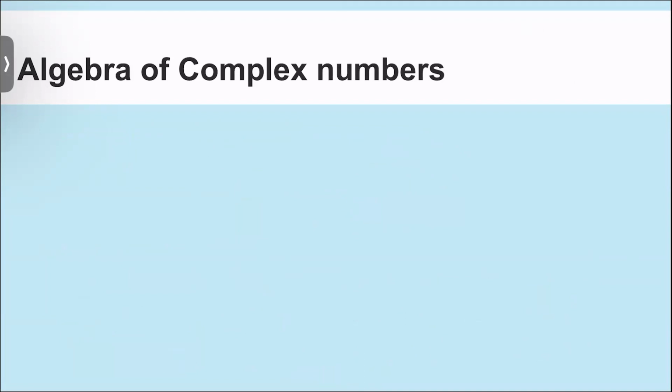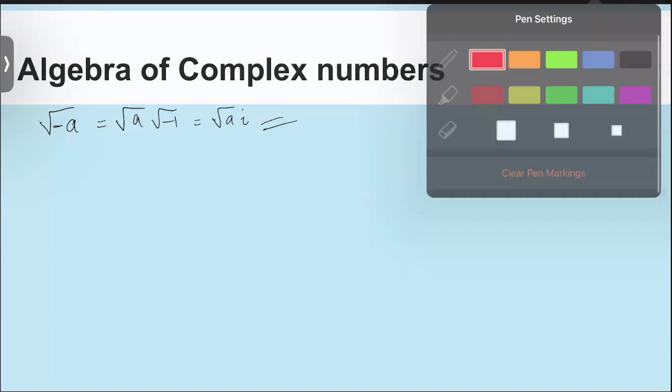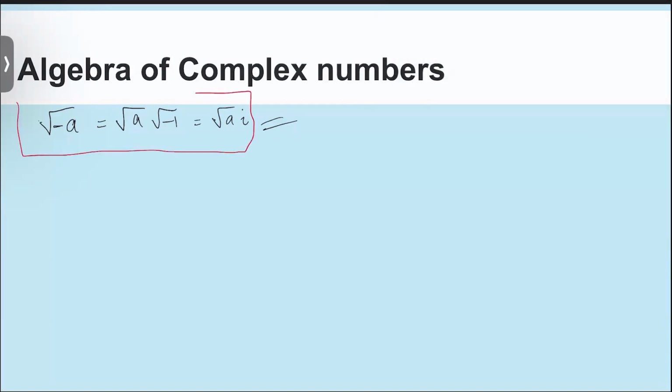Okay, so let's see some properties that need to be validated. We saw that the square root of minus a will be root of a times root of minus 1, which equals root a i. This is the general expression that we are getting, and I'll box it in red so we remember this.